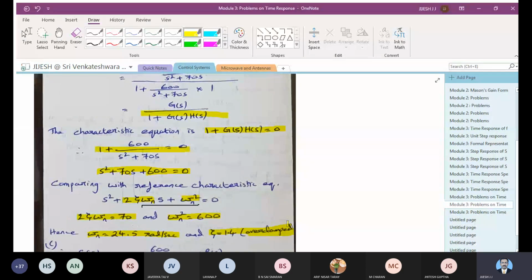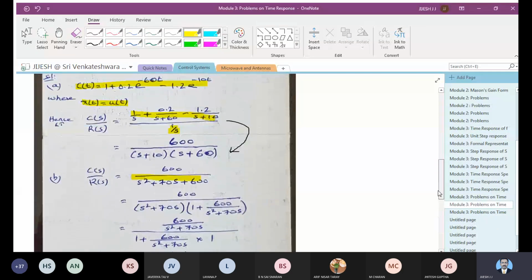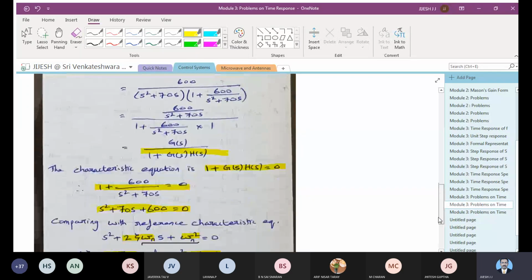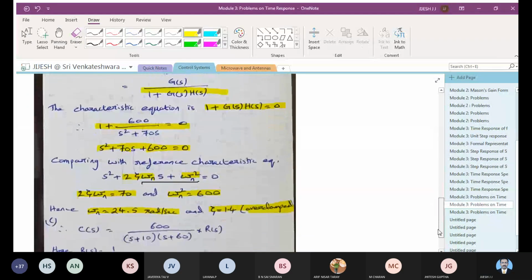So next one, what have they asked you to find out? Obtain the unit ramp response for the system. To do that, you have to take C of s equal to the same equation we wrote above, 600 divided by s plus 10 into s plus 60, multiplied by R of s.